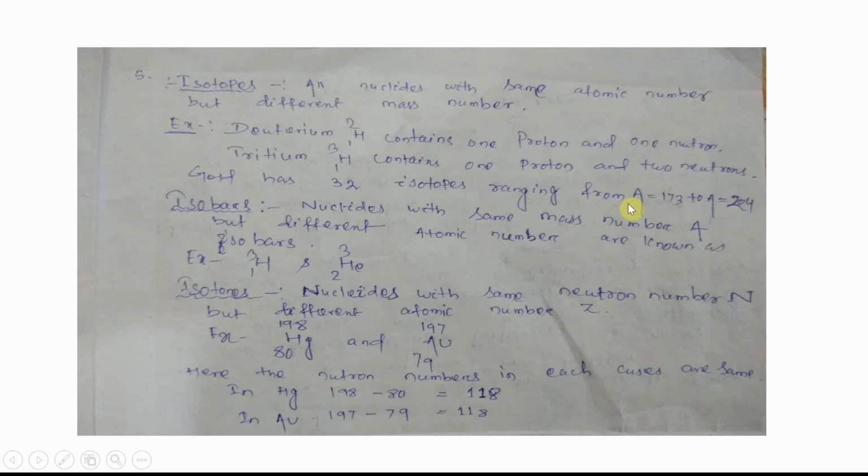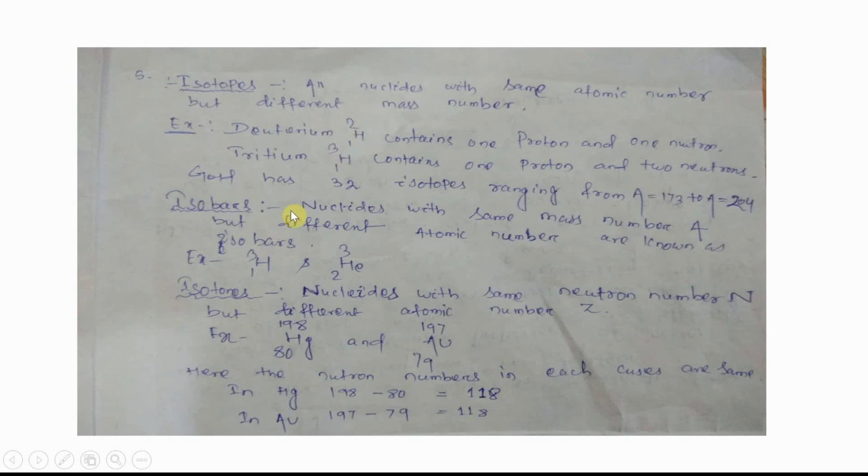Carbon also has different isotopes. So you have to remember one thing, that the nuclei have the same Z number but different A number. A means atomic mass number is different.